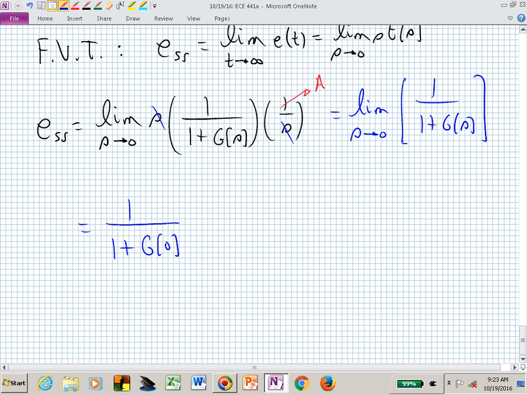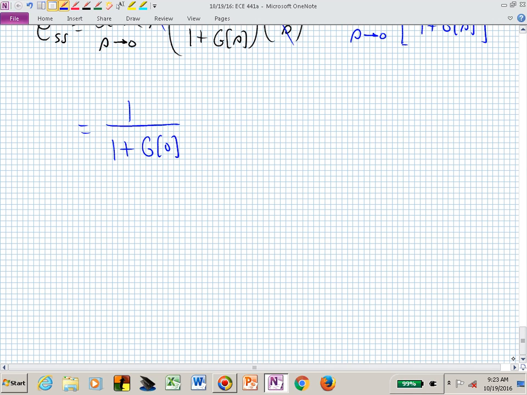S equaling 0 is at what frequency? If S is equal to 0, what frequency am I talking about? 0 hertz, which is DC, right? So this G at 0 for this system is our DC gain.